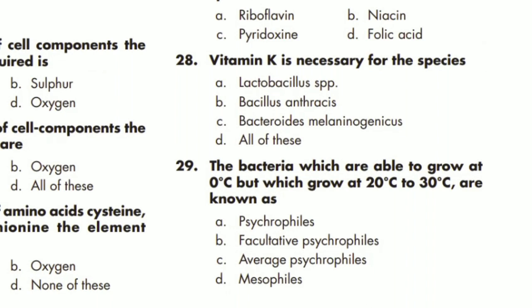C is the correct option. Then MCQ number 20 says that for the formation of cell components, the elements required are, so nitrogen is also required, oxygen, sulfur, so we can say all of these. So D is the correct option.